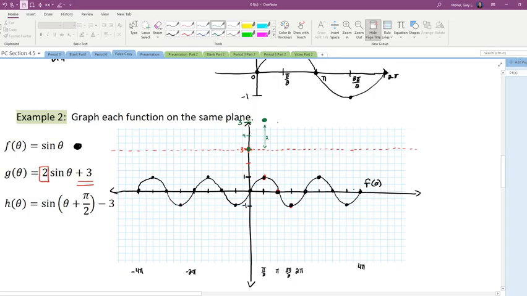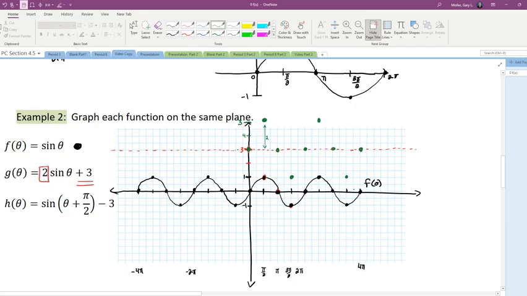Then I'm going to move over 2 more. I'm going to be back at the axis, and I'm going to move over 2 more. I'm going to be down 2. So I should be down here at 1. Move over 2, back to even, over 2, back to the height, over 2, down 1, down 2, back down to the bottom, over 2, up 2.